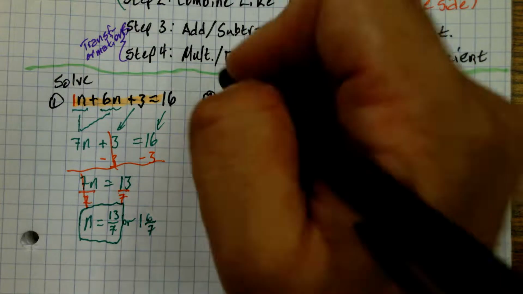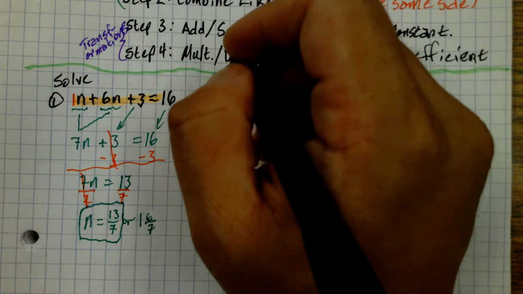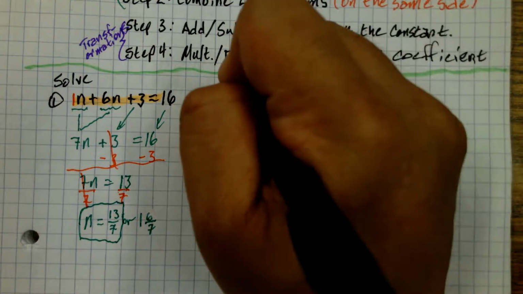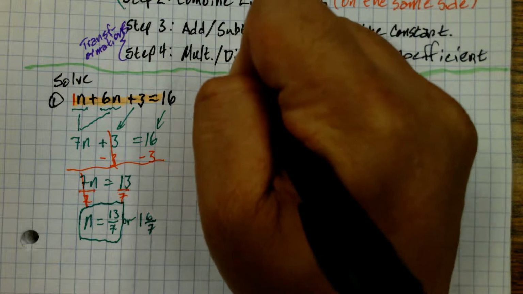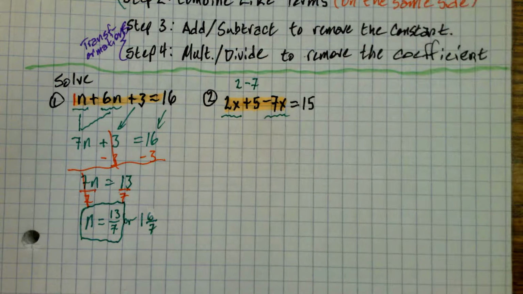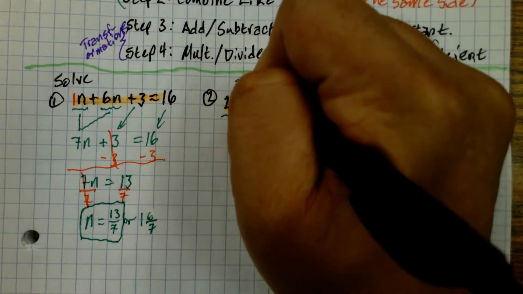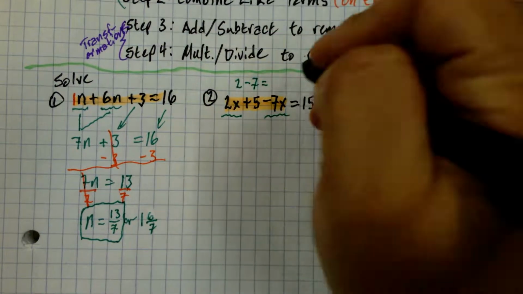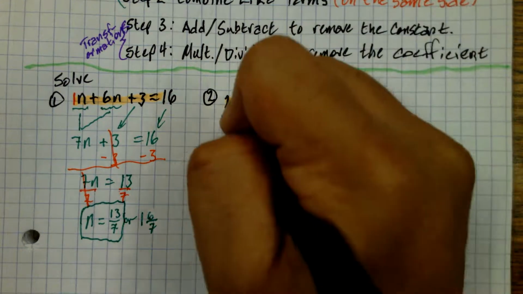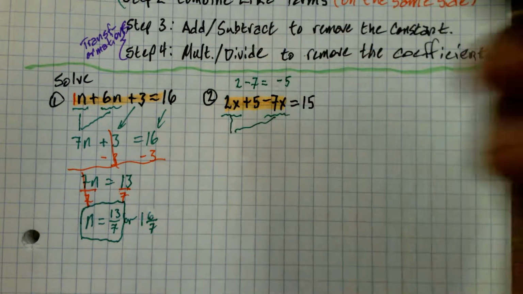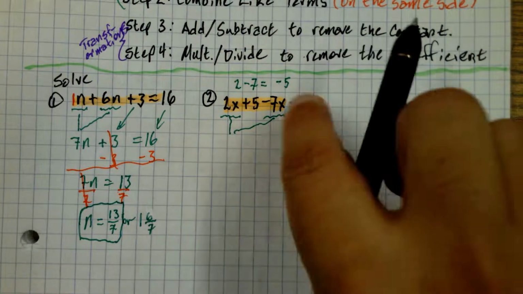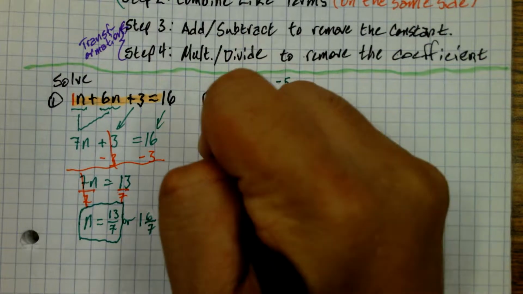So think of it literally as adding 2 and negative 7x. Or you could also think of it as 2 take away 7. What do you get when you do 2 take away 7? Negative 5. So when we combine these two, 2x and negative 7x, it's negative 5x.